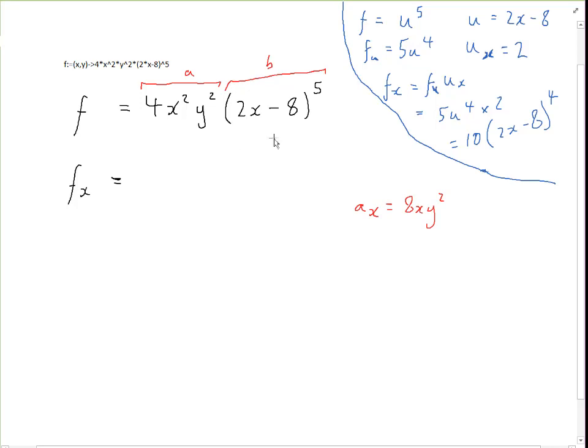And then differentiating b. So b differentiated with respect to x. This part is all the work we did here with the chain rule. So that's the 10 (2x minus 8) to the power 4. Just this bit here.